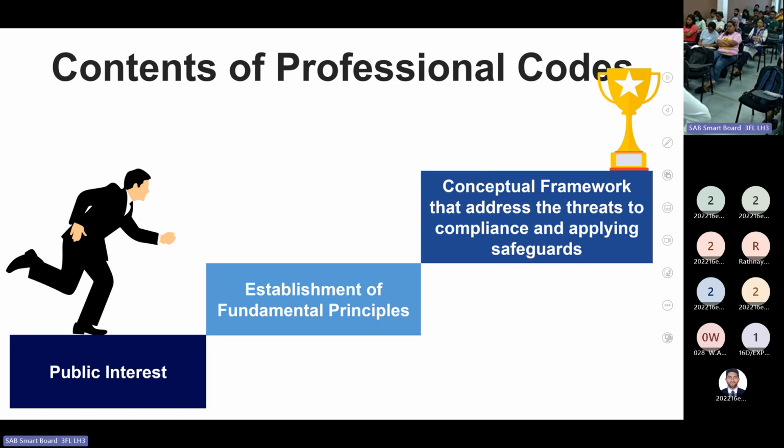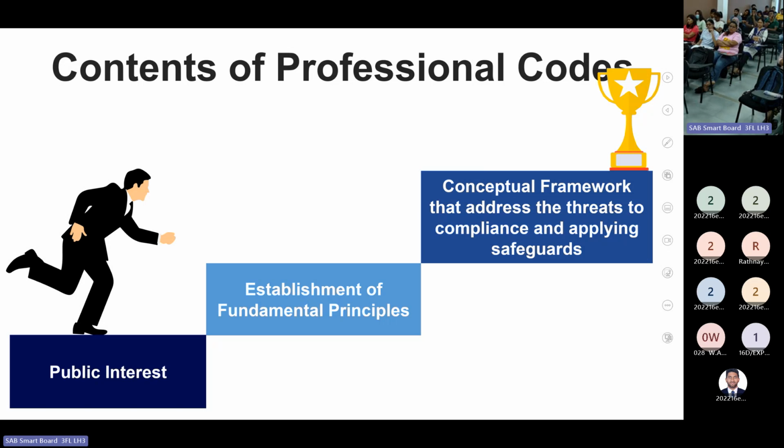What kind of principles you need to follow? You want to become like this, you need to obey these things. Likewise, principles need to be there. So the next one, conceptual framework that addresses the threats to compliance and applying safeguards.